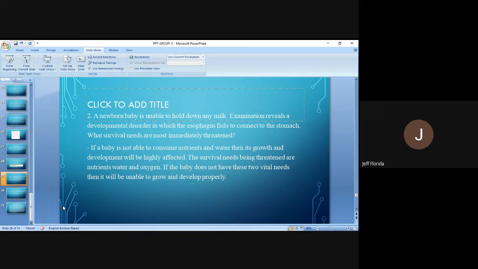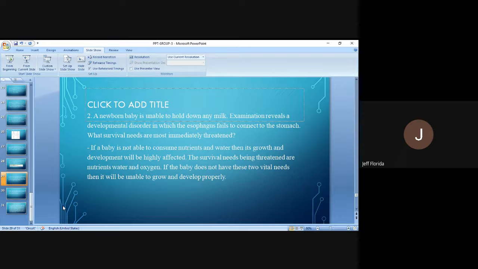Number 2. A newborn baby is unable to hold down any milk. Examination reveals a developmental disorder in which the esophagus fails to connect to the stomach. What survival needs are most immediately threatened?